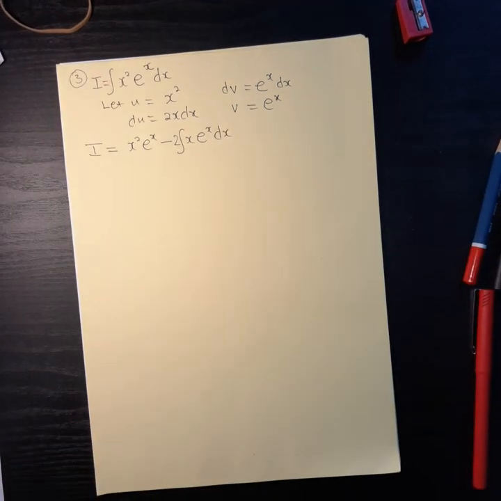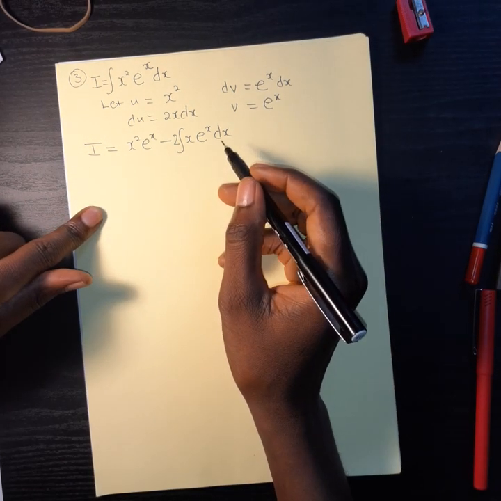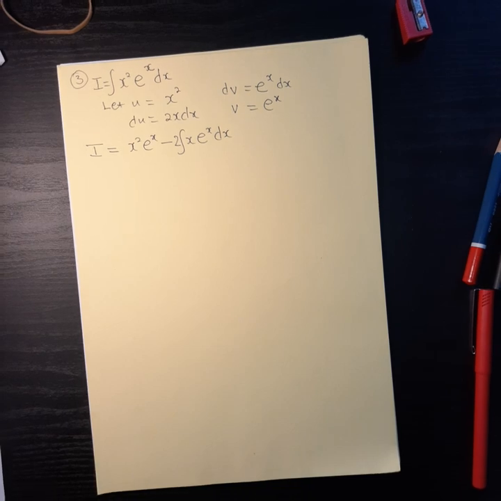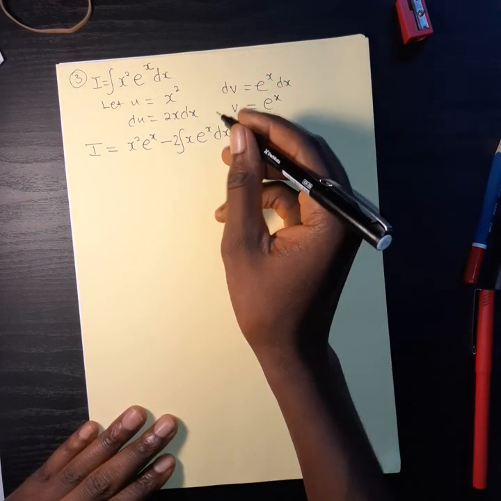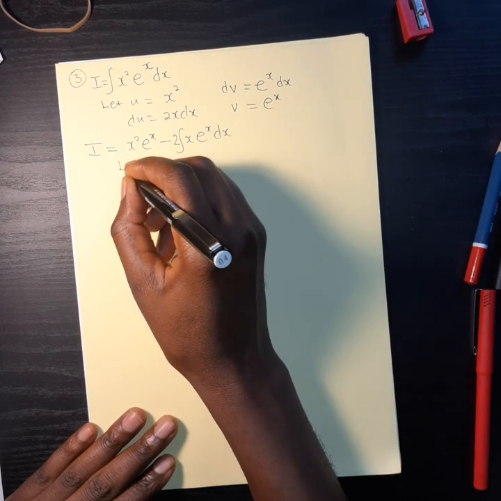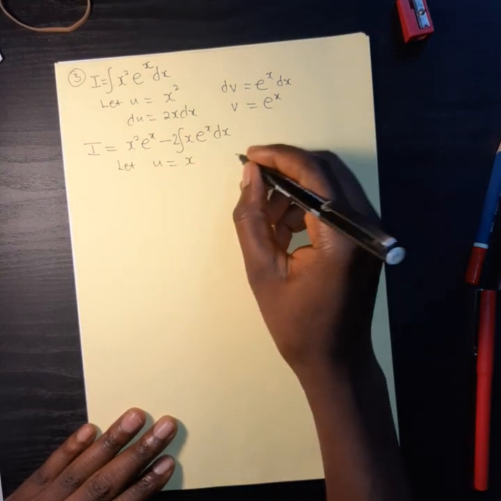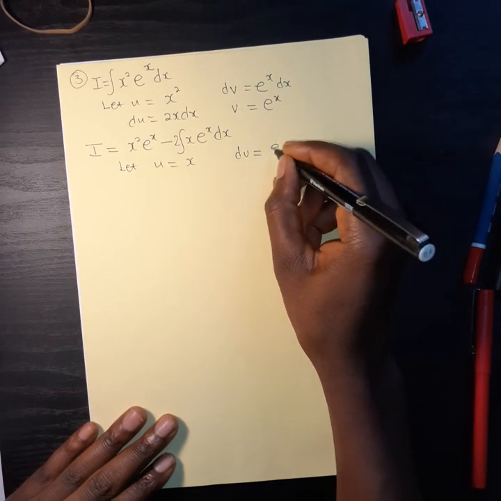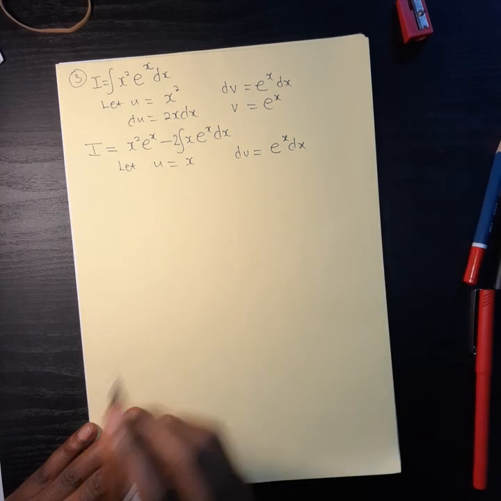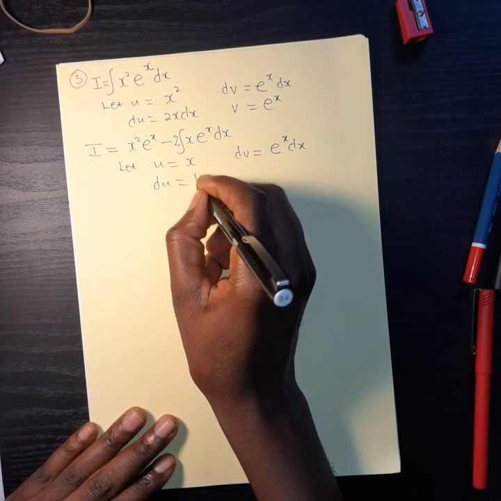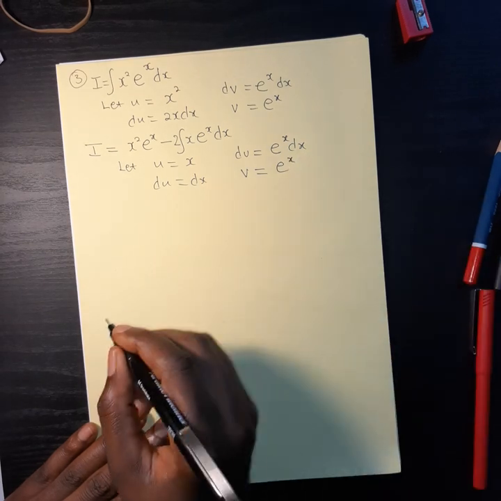For the second part, you can see that for this integral we will need to let u again be equal to x, and dv be equal to e to the power of x dx. So du equal to dx and v equal to e to the power of x.